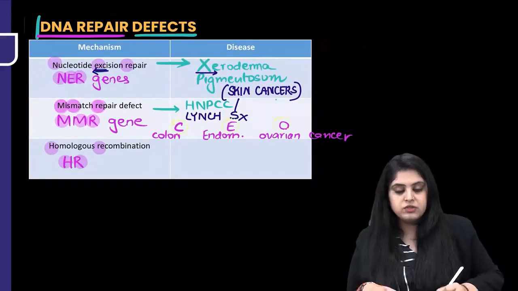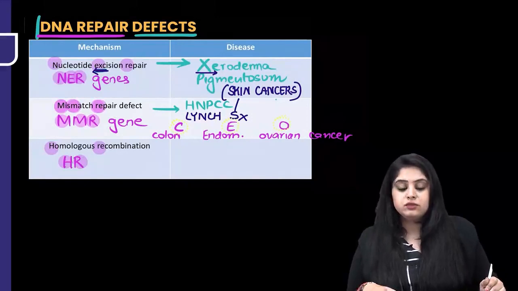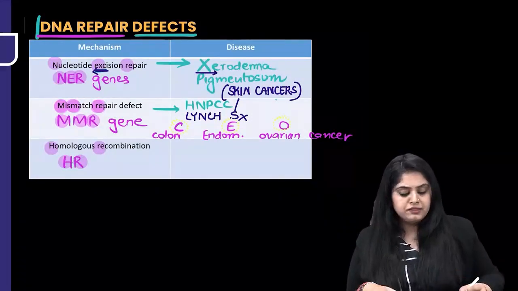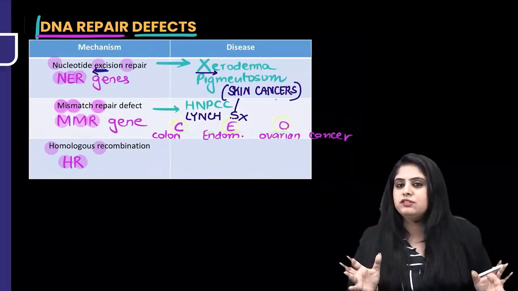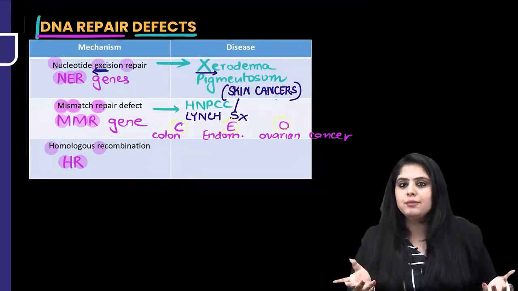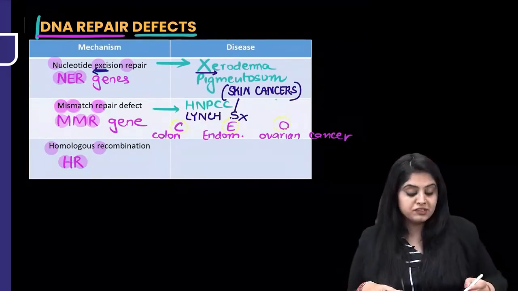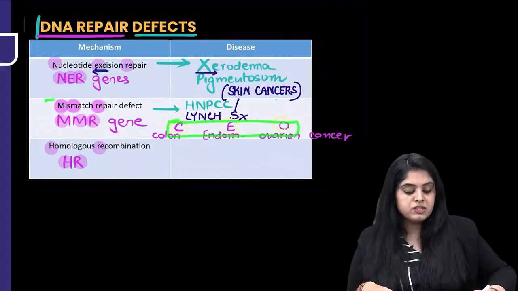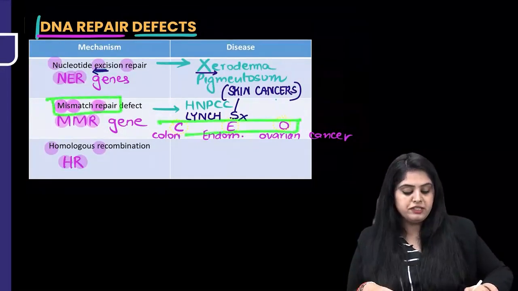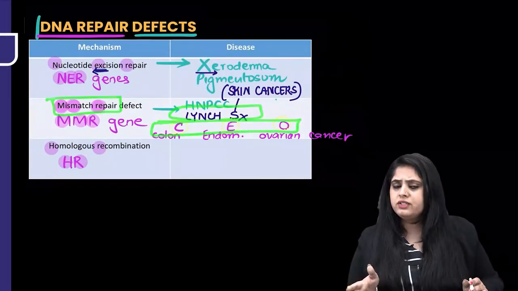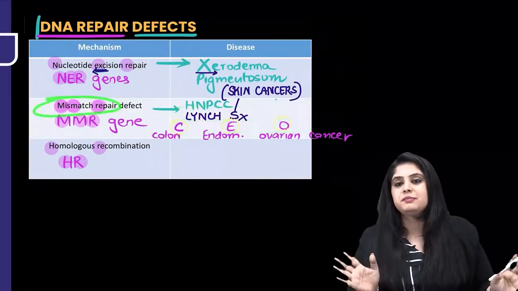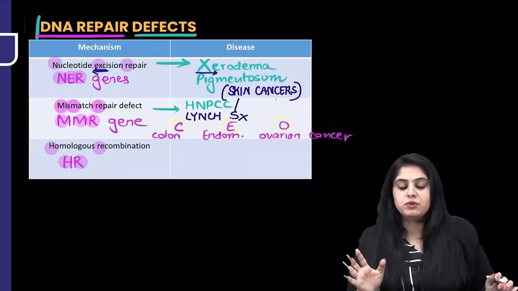Colon cancer, endometrial cancer, and ovarian cancer is going to happen. So I will learn that with the CEO, you know, the boss, you are never going to get along with your boss. Common sense. Everyone has a problem with their boss. So with the CEO, there's always going to be a mismatch. So as soon as you learn CEO has gone for lunch, you'll say, okay, Lynch syndrome means there's a mismatch with my CEO, mismatch repair gene problem.